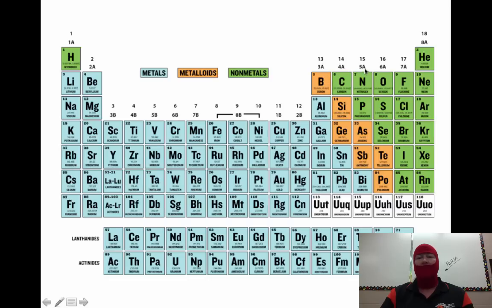These are called the representative elements, or the main group elements, and they all have a letter A in their group distinction. So 1A, 2A, skipping all the way over to here, 3A through 8A.